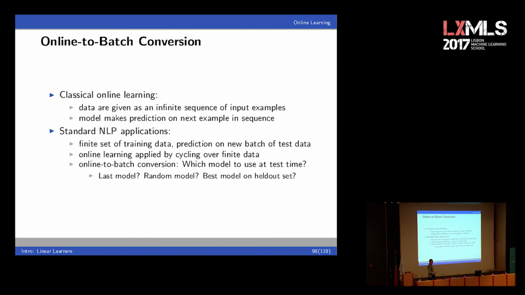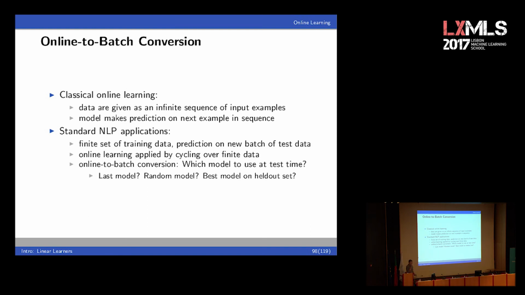Or what you normally do is you use the best model on a held out set under a particular task-driven metric, like for machine translation, you use maybe the model, the WT that gives you the best performance in terms of Bleu score on a held out set. And then you use that model to predict on the test set. So not a random one, not the last one, but the best under a certain metric.